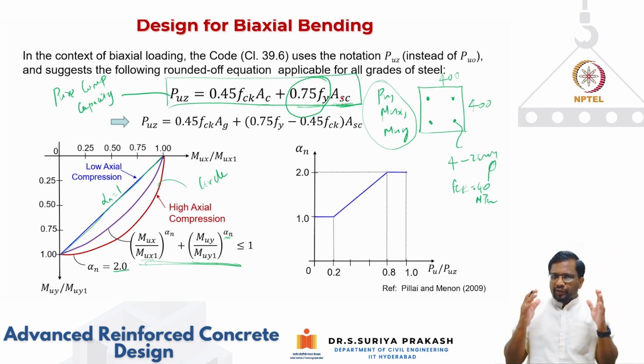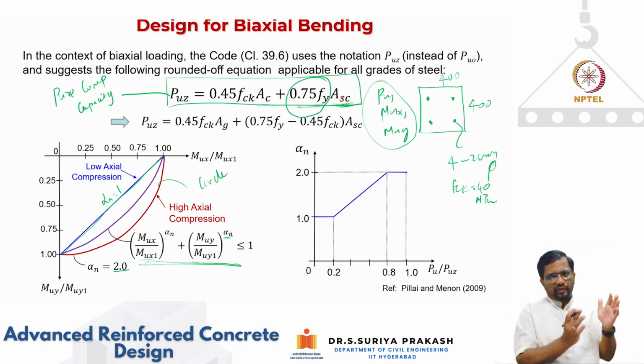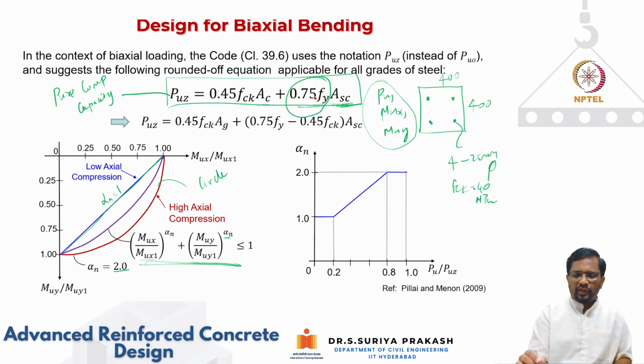Again, we have seen that in pure compression capacity, the one that gives more capacity is only the concrete. Steel will give 10, 15, 20, 25% depending upon the amount of steel you have, but 70 to 75% of the capacity will come only from concrete. That is why the code has kept a relatively simple equation for estimating the pure compression capacity.